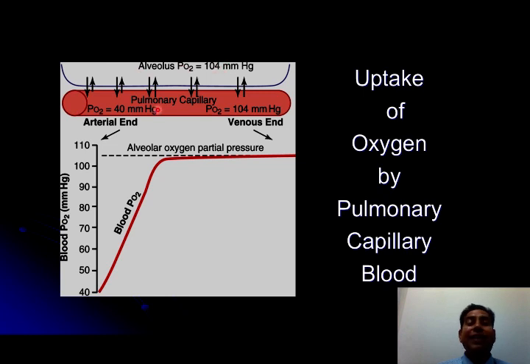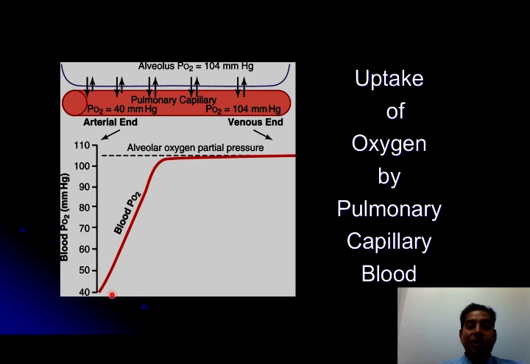So you find that there's a gradient of 64 millimeters of mercury across the capillary membrane. So oxygen tends to move from the alveolus into the capillaries. By the time it reaches the venous end, there is an equilibration of the oxygen between the alveolus and the capillaries. So this is how the oxygen is picked up.